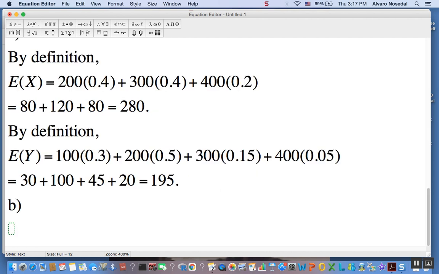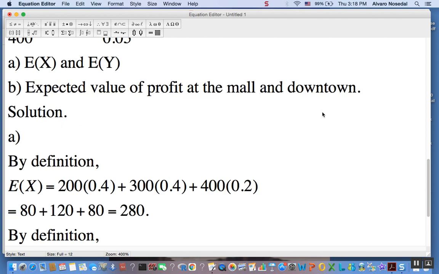Okay, now let's proceed and do part B. So if you remember, from the statement of our problem, what we want to do is to find the expected profit in each location, right?